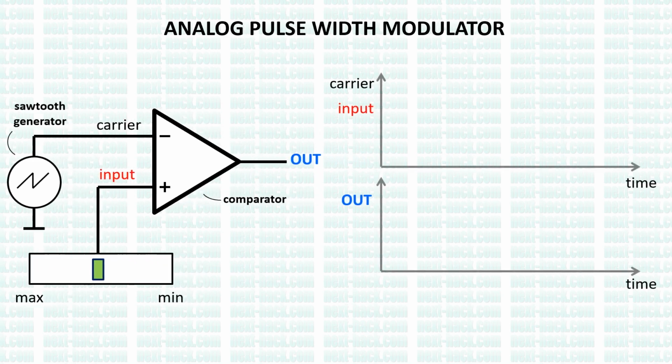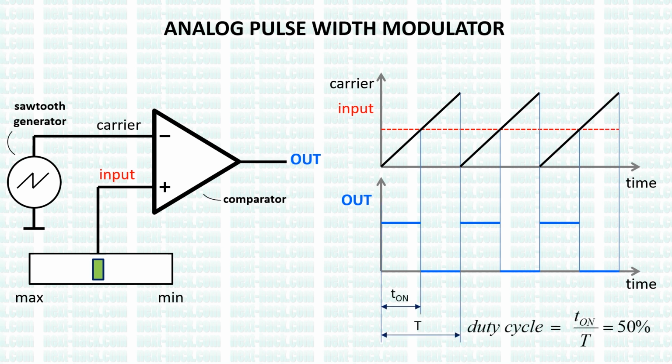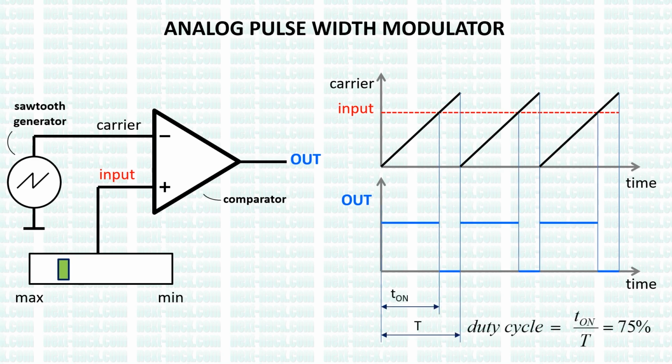When the ramp value is smaller than the signal, the output will be high. Once the ramp value is higher than the signal, the output goes low. What we achieve is a rectangular wave with a duty cycle proportional to the input voltage. Therefore, we associate the duty cycle to the voltage value of the input signal.